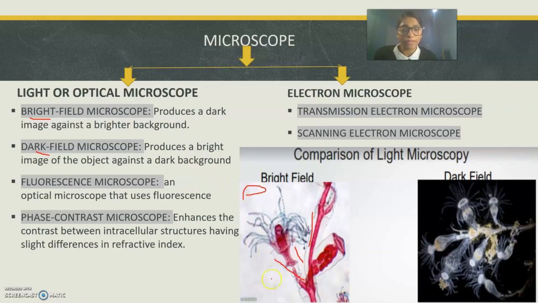The dark field microscope produces a bright image, and here the image is bright and the background is dark. In fluorescence, the optical microscope uses fluorescence, and we are going to see phase contrast in detail. In the electron microscope, there are the transmission electron microscope and the scanning electron microscope.